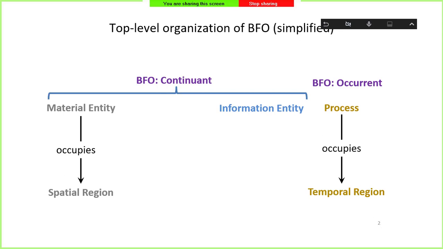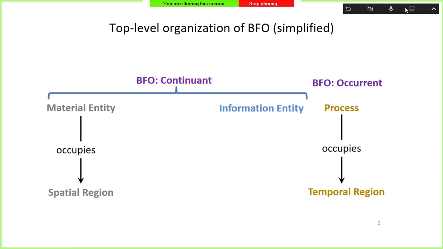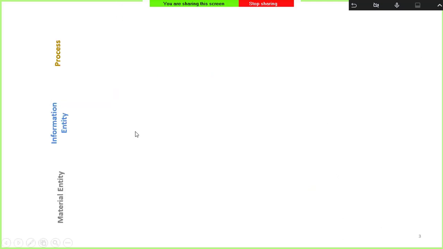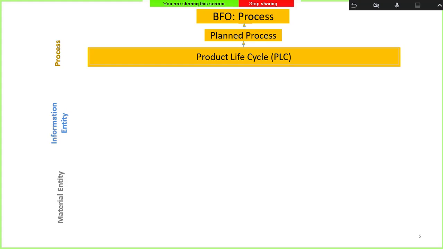So the general vision we've already seen at various points. It has to do with a distinction between material things, information things, and processes. And that's also the basic organization of BFO. And if we put those three kinds of entities and arrange them along a time axis, then we get the product life cycle.